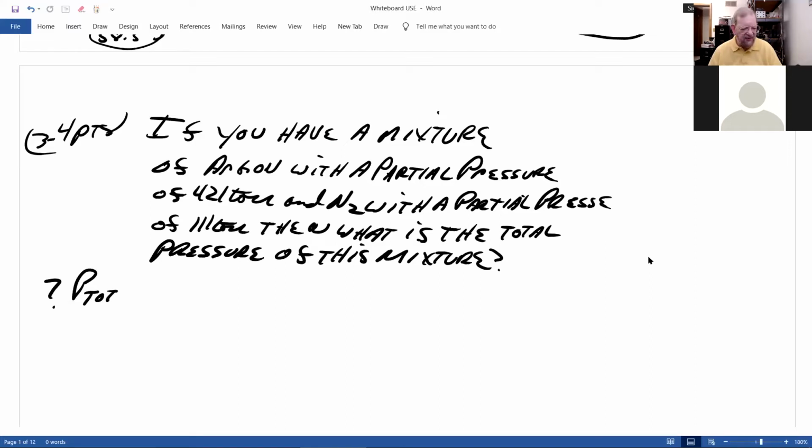The total pressure, which I will abbreviate this way. What are we given? The partial pressure of argon, and I'll abbreviate it like this. And what else are we given? The partial pressure of nitrogen, which I'll abbreviate like this.